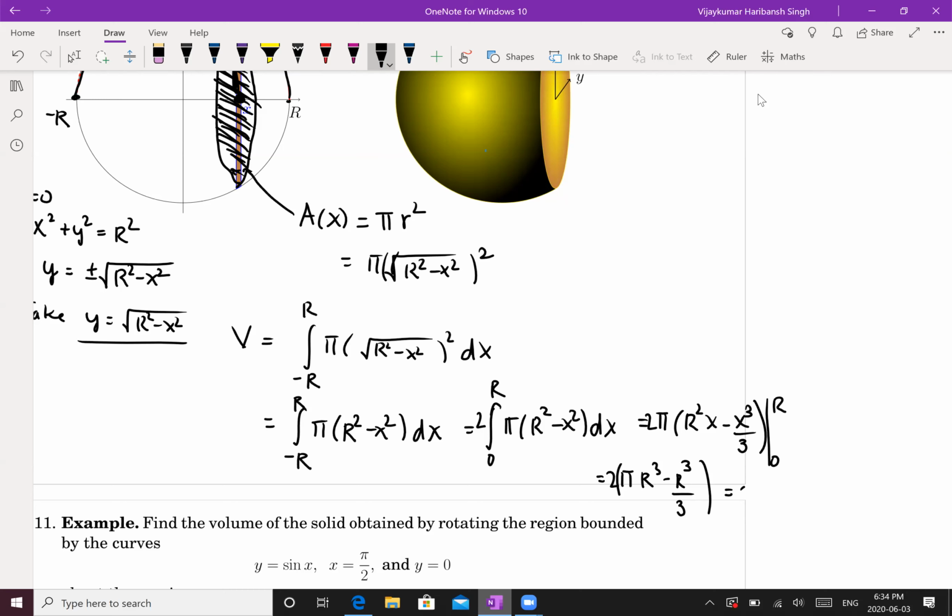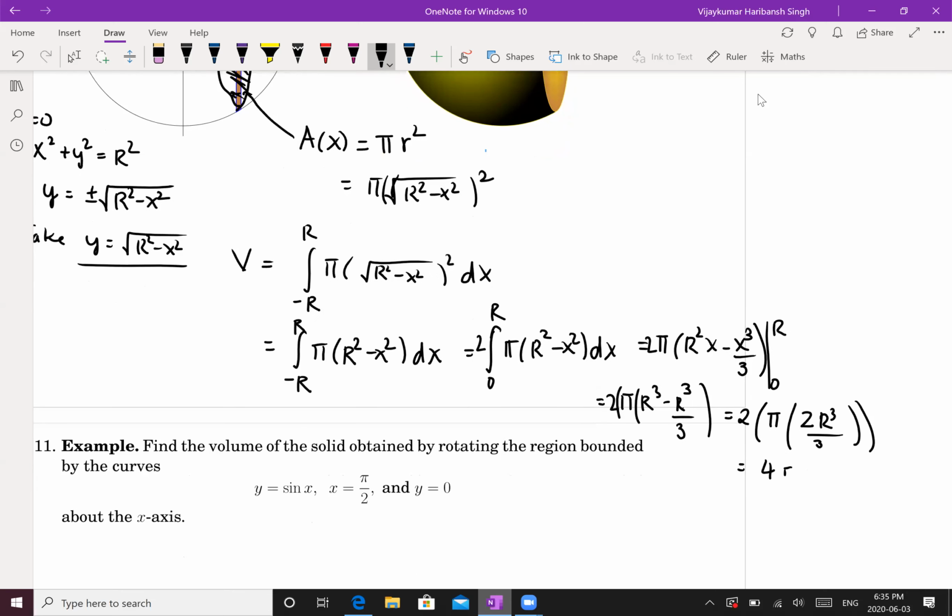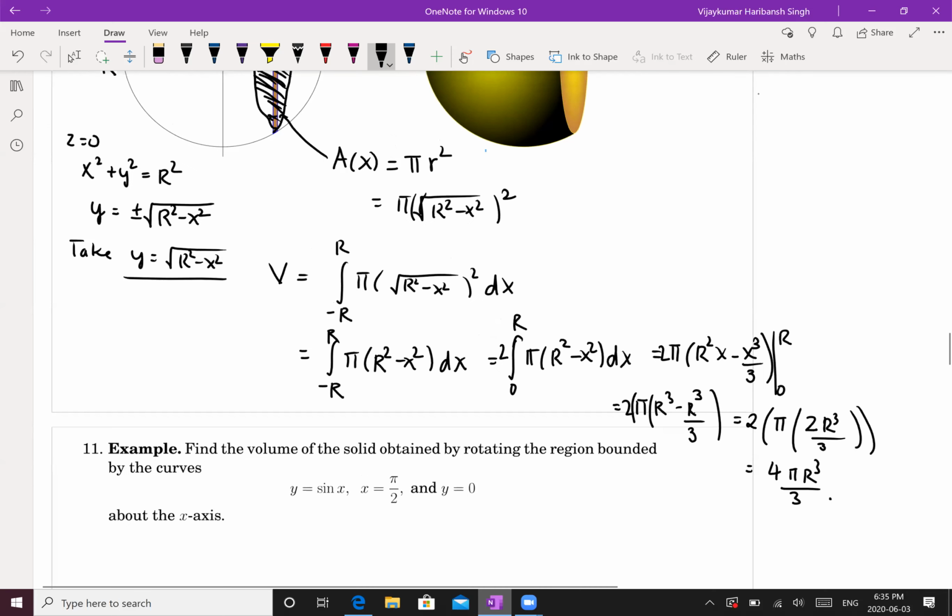So we get 2 times pi times 3r cube minus r cube, which is 2r cube by 3, over 3. Now this is going to be 4 pi r cube by 3. Yeah, which is the volume formula you have been memorizing for such a long time. So this is how you find the volume of this object.